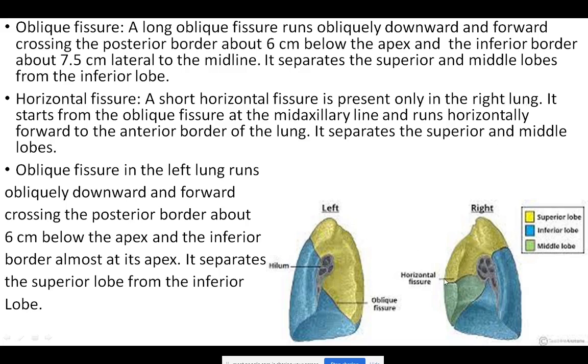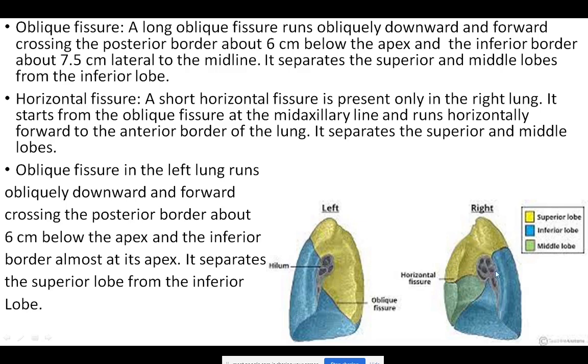Okay, it starts from the oblique fissure at the mid-axillary line and runs horizontally forward to the anterior border of the lung. You see, the horizontal fissure begins from the oblique fissure. You see, this one is the oblique fissure. Then it begins from the oblique fissure and it crosses the anterior border of the lung and separates the superior lobe and the middle lobe.